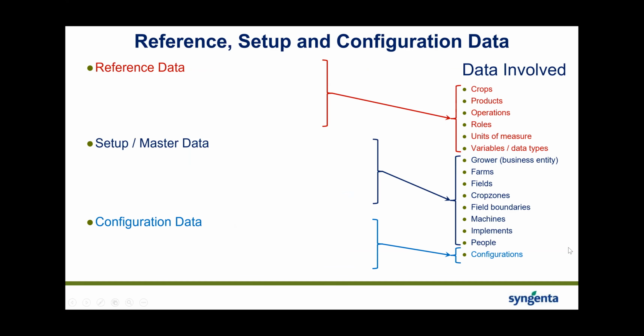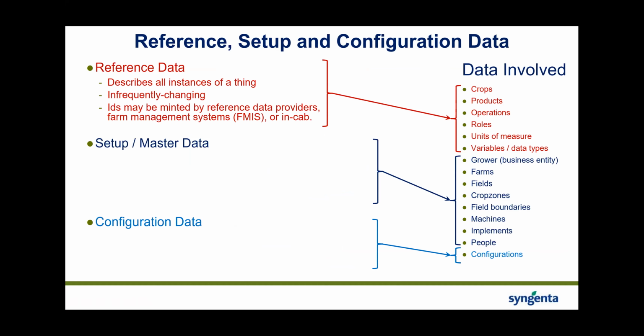Reference data pertains to things like crops, products, operations, roles, units of measure, and variables, things that describe all instances of a thing and that are typically infrequently changing. But unfortunately, that often doesn't work very well, because everything's fine and dandy when the IDs are minted by reference data providers. But when they're minted by farm management information systems, or even worse, inside the machine cab, recognizing these things when you're trying to do something with the data becomes very difficult.